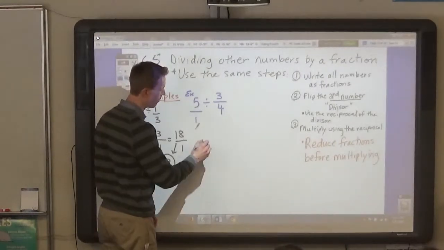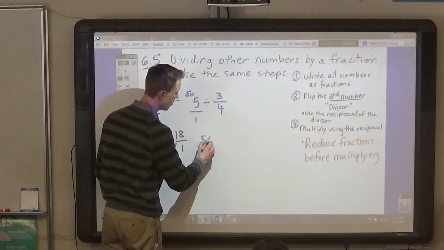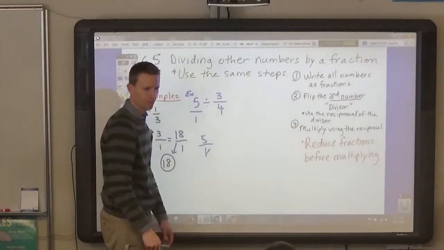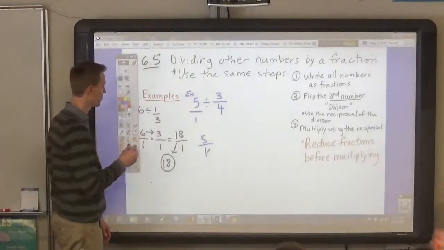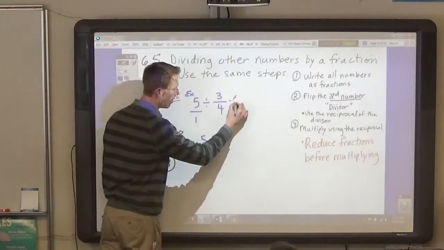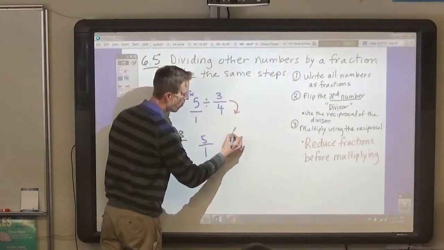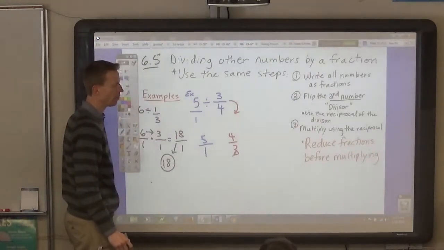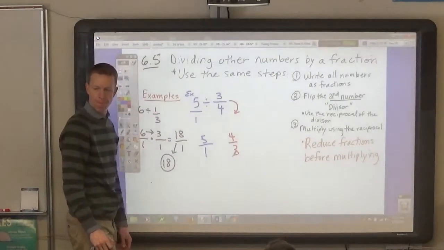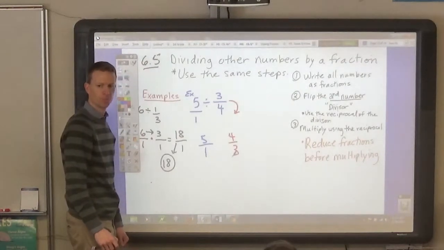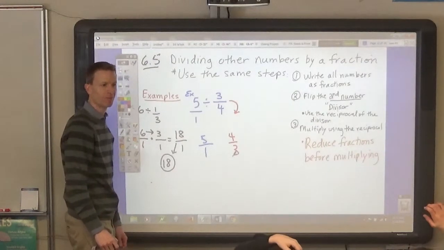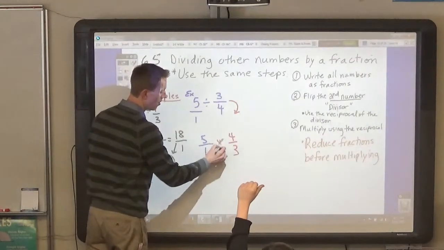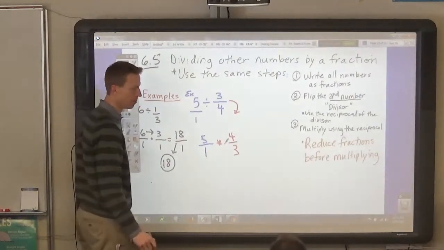Yep. So we have to do 5 over 1. What else? Tyler? Flip the second number. Change it to 4 over 3. And we have to do what? Jer? Yeah, we have to times them. Okay?